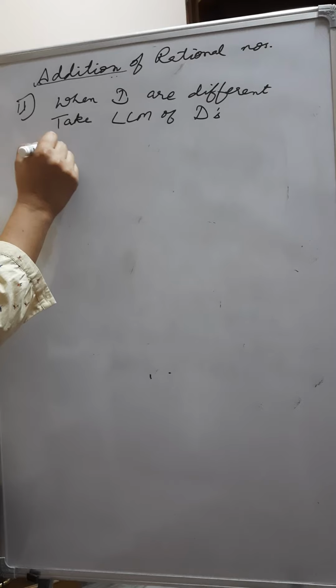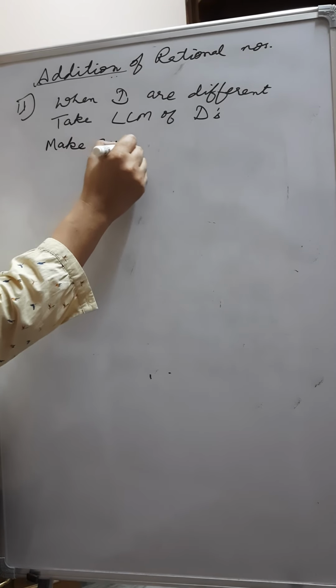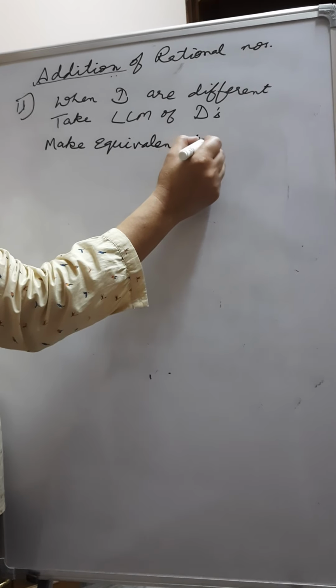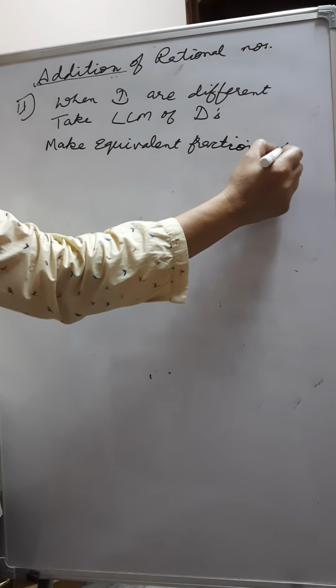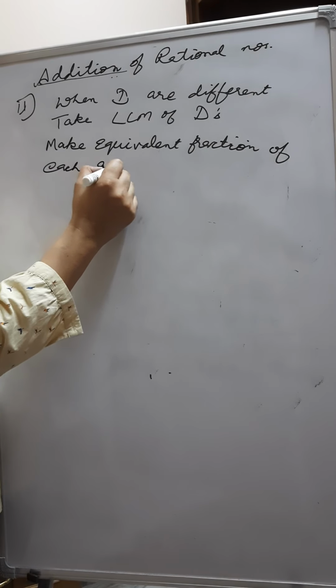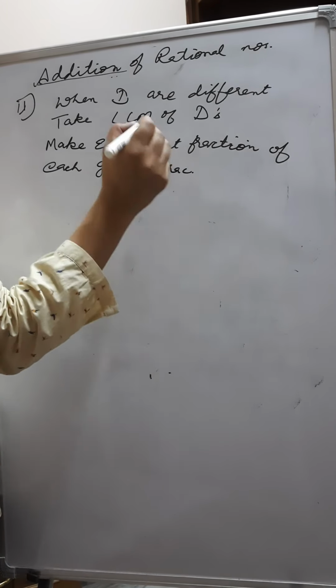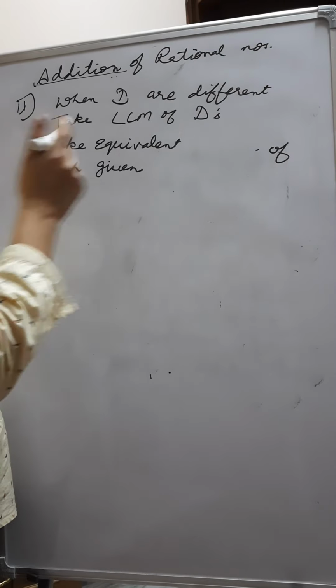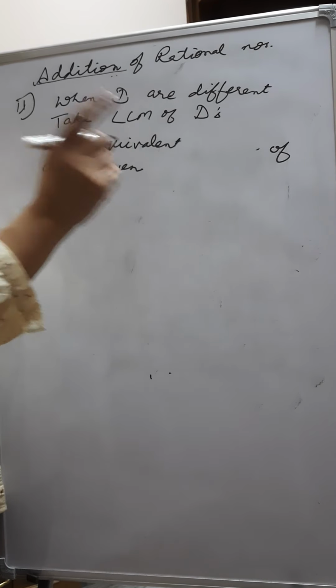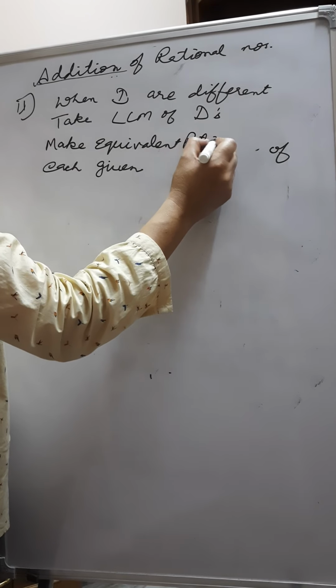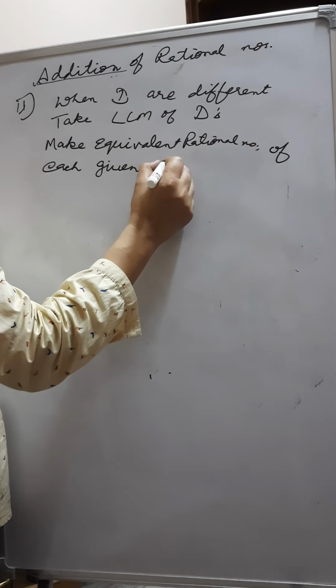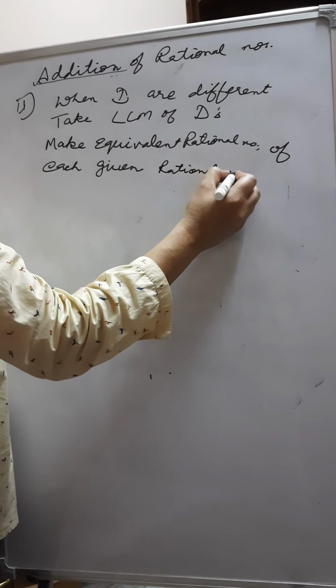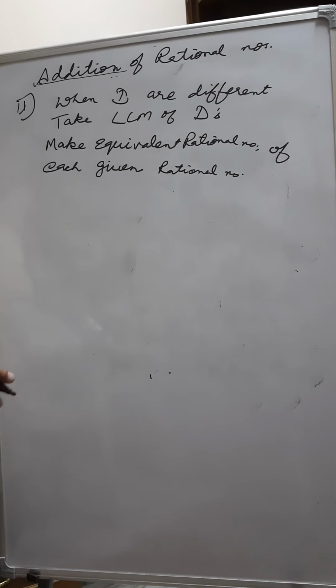Then make an equivalent rational number of each given rational number. And then act according to the signs.